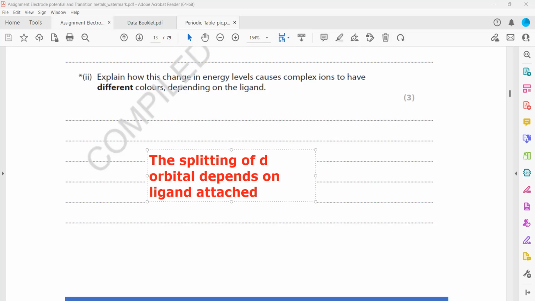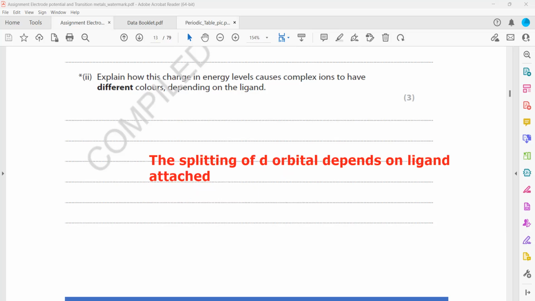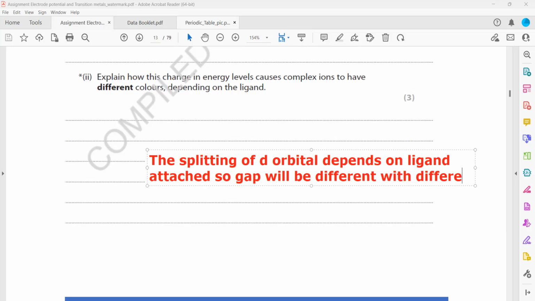And as a result, the gap will be different for different ligands. That is one mark.